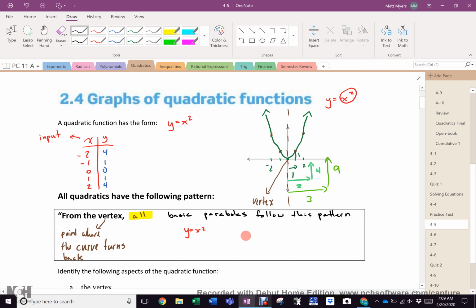And the pattern is very simple. From the vertex. So there's my vertex. They always move that way x and that way x squared, no matter what. Every other parabola is a version of this. Something can happen to this equation that changes this pattern, but in the basic parabola, the parabola that starts every parabola, you move that way x, you move that way x squared. Now, of course, obviously, if we're going that way, it's -x and x squared.